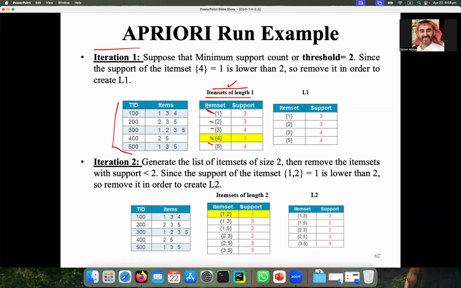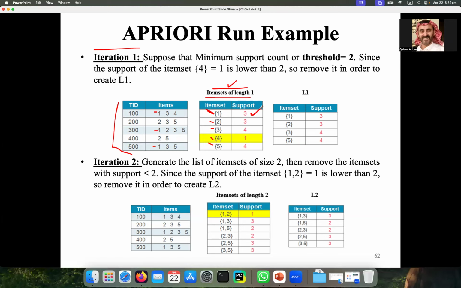Now you have to calculate the support in this data set. What is the formula for the support? Count divided by total. If you count this one, how many times is one there? 1, 2, 3. So 3 divided by what? Here the support is just mentioned as 3 because here the count is mentioned, not the probability value.